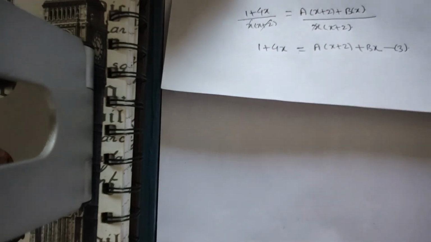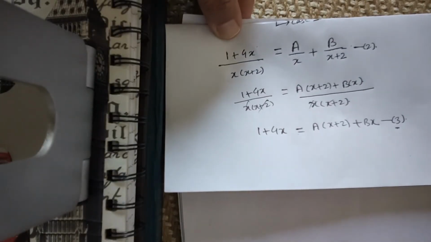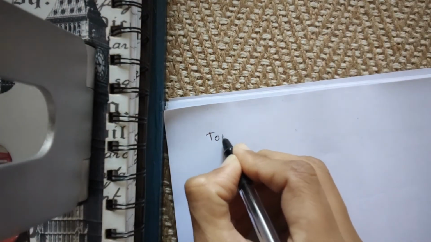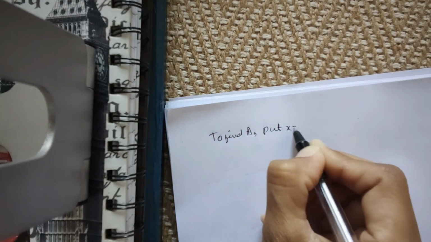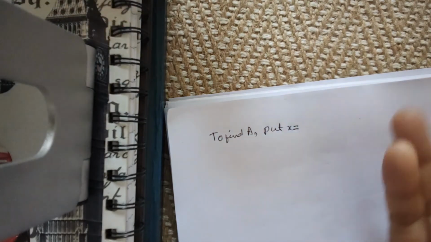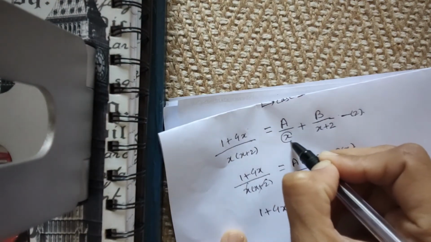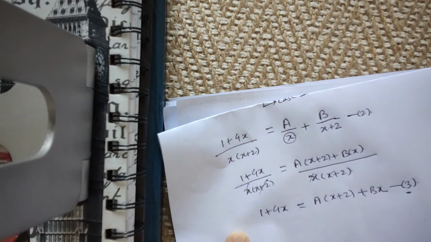To find a, we find the constant by using equation 3. Put x equal to, now what value of x should I put? I will go back to equation 2 and observe the denominator of a. It is x, and equate it with 0. So I am getting x = 0.